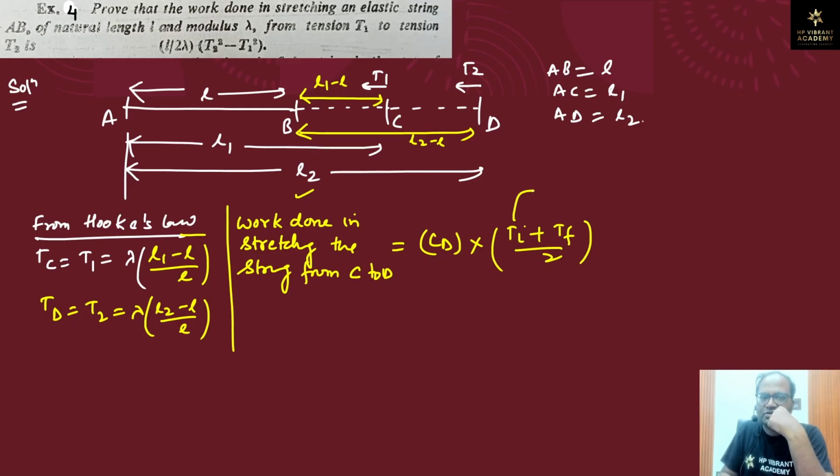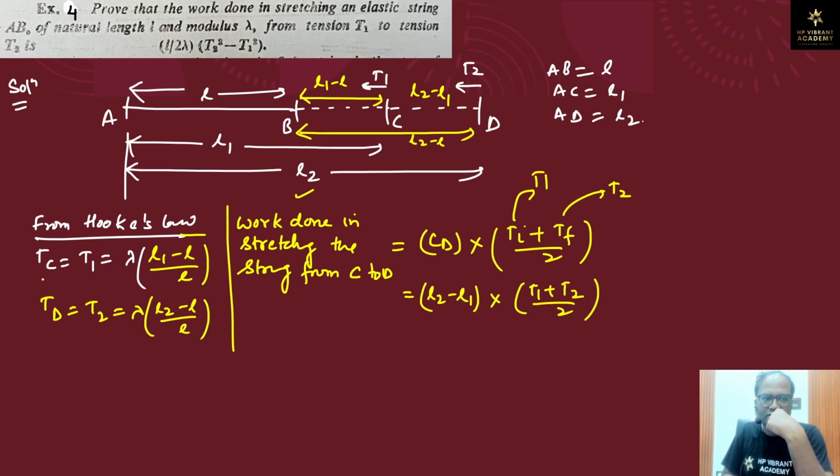So we have the initial tension as the tension at point C, that is T1, and the final tension is T2. So (T1 plus T2) upon 2, and CD is equal to L2 minus L1. So this is equal to (L2 minus L1) into (T1 plus T2) upon 2.